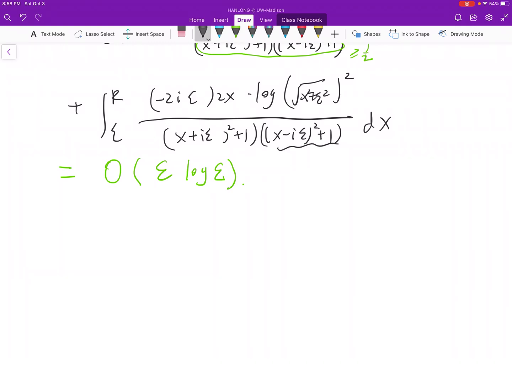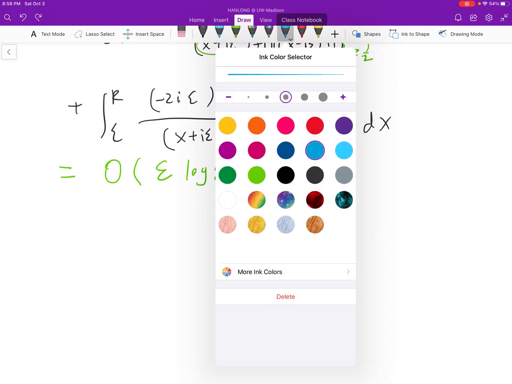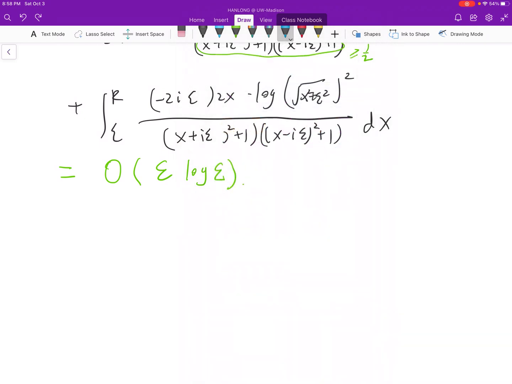For this part, the norm of x minus i epsilon squared plus 1 is 1 plus x squared minus epsilon squared minus 2i epsilon x. So this will be greater than 1 plus x squared minus epsilon squared. Same thing for the previous one.